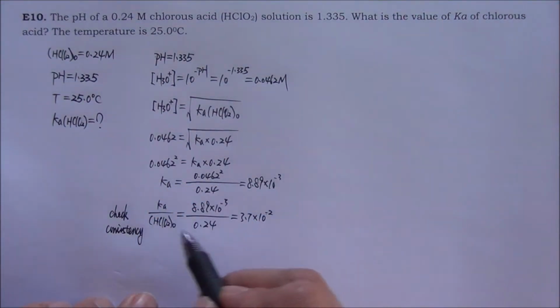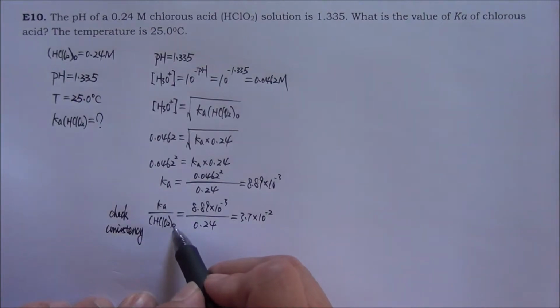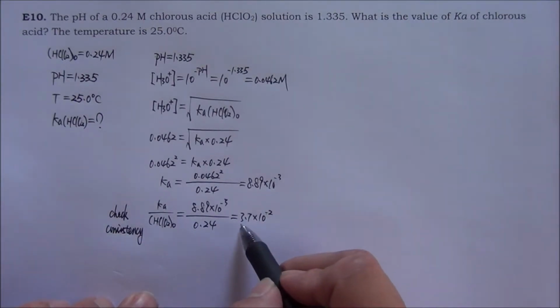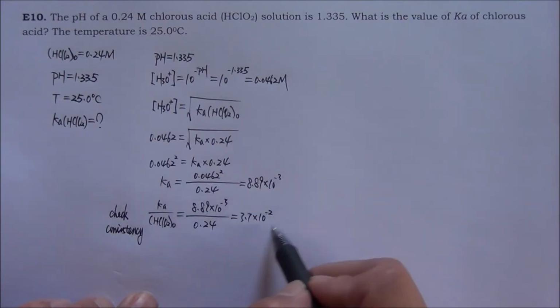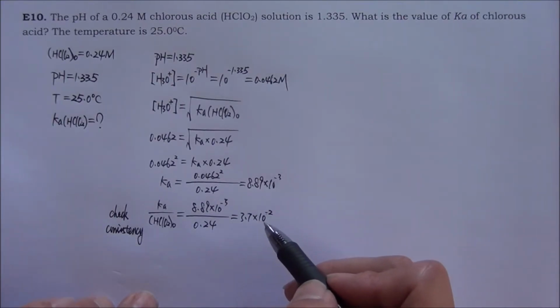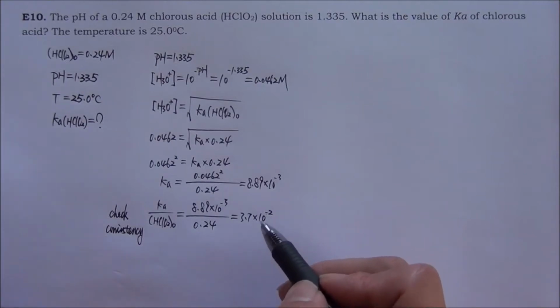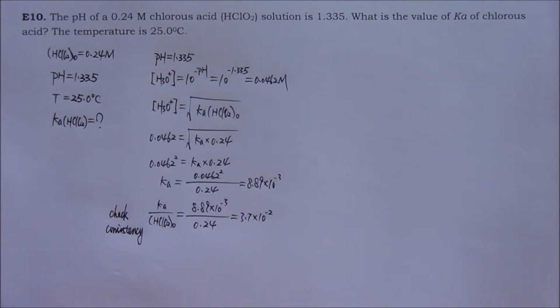As we can see here, the ratio between Ka and the initial concentration of the acid is 3.7 times 10 to the negative 2. This number is not smaller than 10 to the negative 3. So the result from our calculation is not consistent with the assumption.